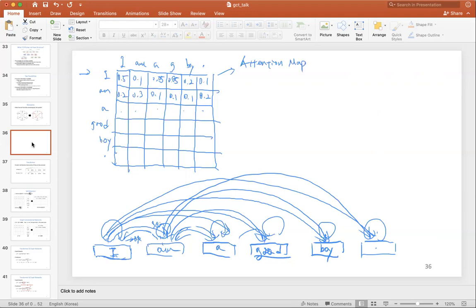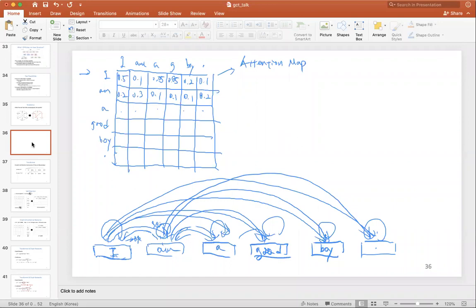And once you have the attention, the reason you're deriving it is to mix the tokens and derive a single fixed-size vector, which was the context vector in the bidirectional RNN case. But here, we can call it the context vector again.